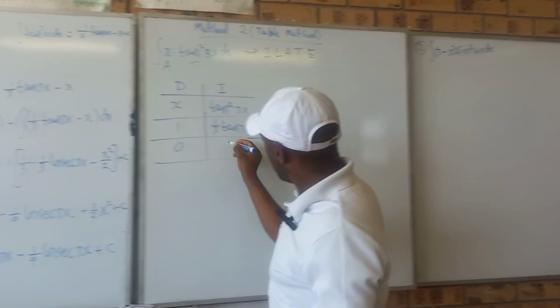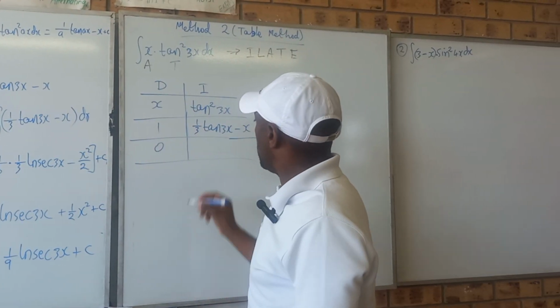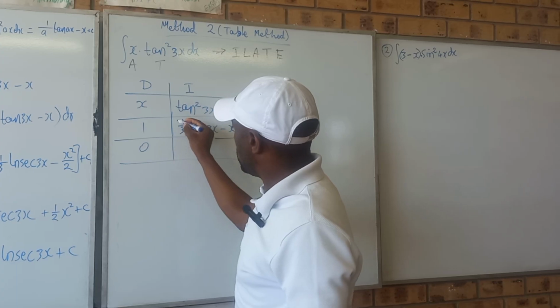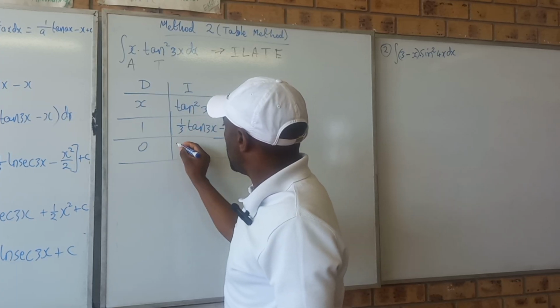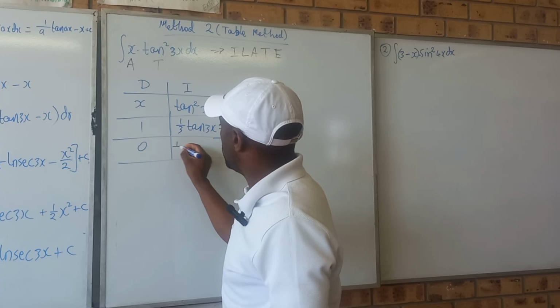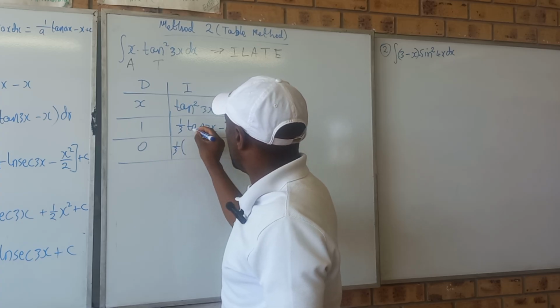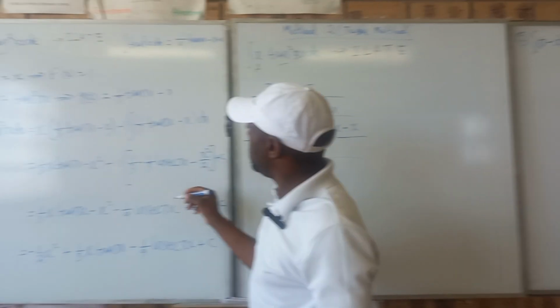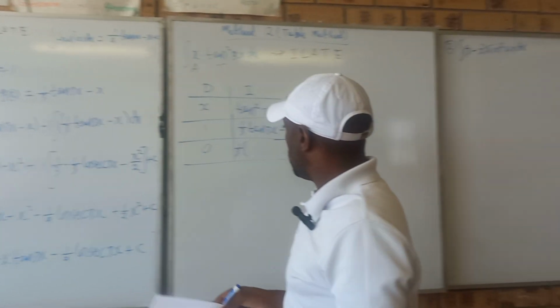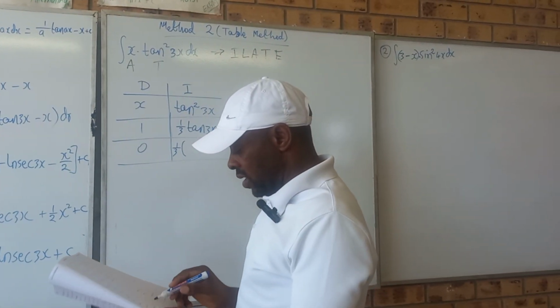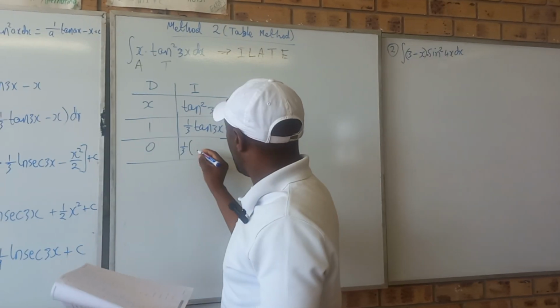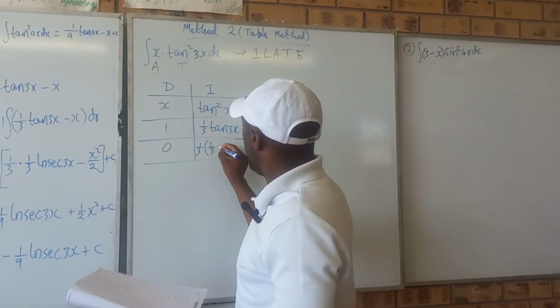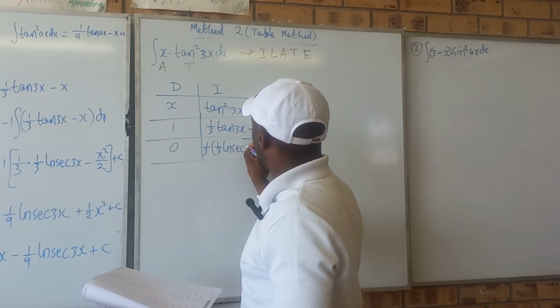Then when I integrate 1/3 tan 3x, don't forget I don't integrate a constant. So for the integral of 1/3 tan 3x, I'll capture this 1/3 the way it is. Then when I integrate tan 3x, as we've seen on page 2 of the formula sheet, the integral of tan ax is 1 over a ln sec ax, which is 1 over 3 ln sec 3x.